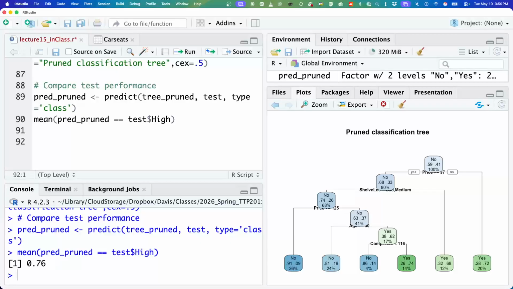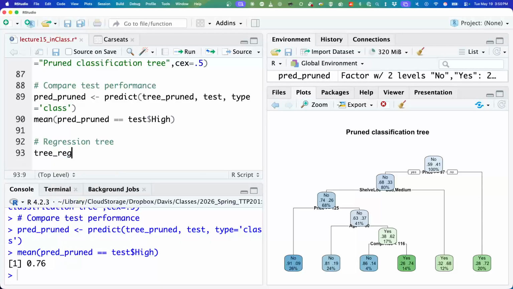Forgot, we're also going to do, so this was an example looking at classification. Let's do a regression tree. Where we had split the sales to be high versus low, let's do a prediction directly on continuous sales.